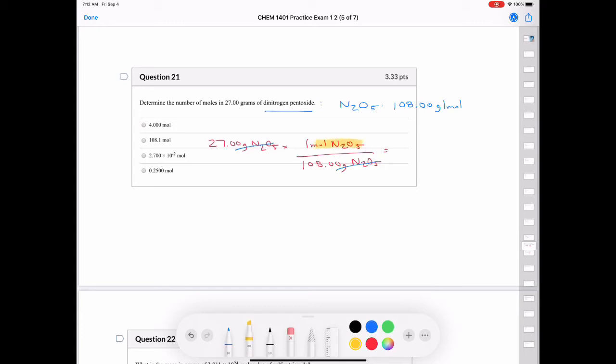We're left over with the units of moles of dinitrogen pentoxide. And so when we put that in our calculator, we end up with an answer which is 0.2500 moles of N2O5. And we should have 4 significant figures because we were given 4 significant figures in our mass of dinitrogen pentoxide. And so here's our answer, 0.2500 moles.